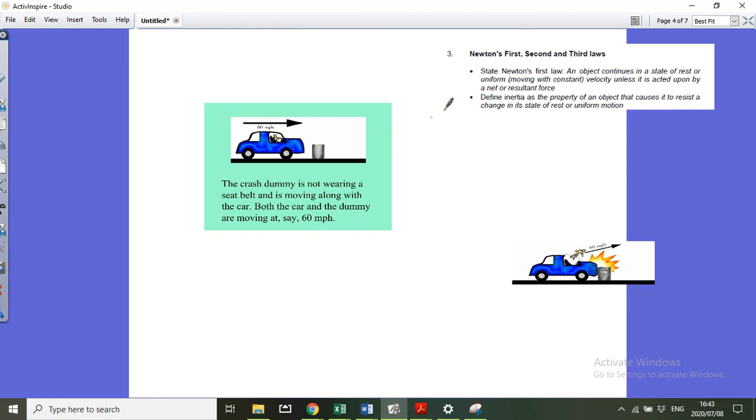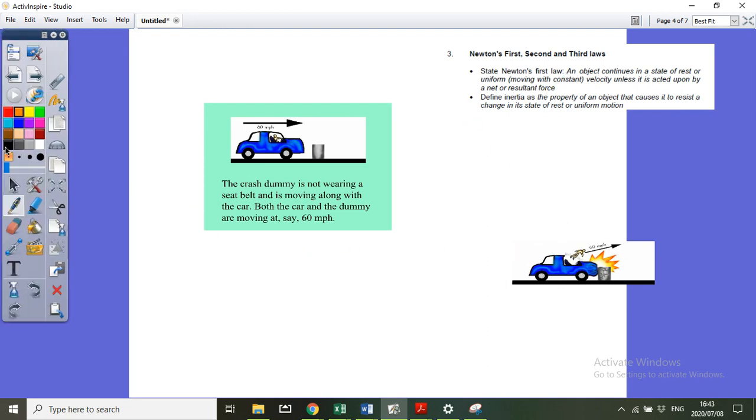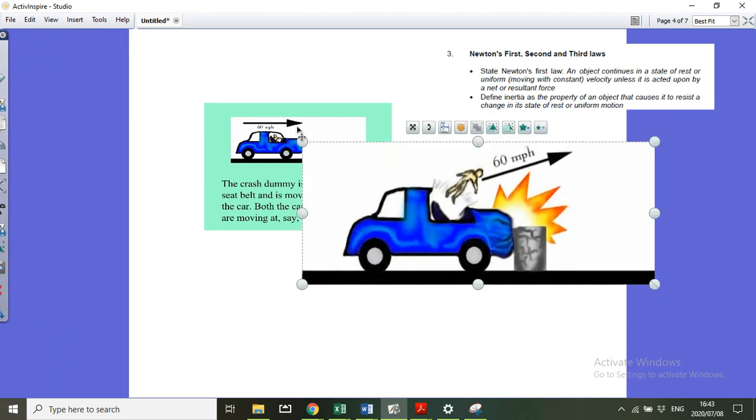Now, remember what Newton's first law says. It will continue in its state of motion unless acted on by a net force. Now, if you look at what happens, the car hits the curb. So the net force is acting on the car, not on the dummy. So this is the important part.